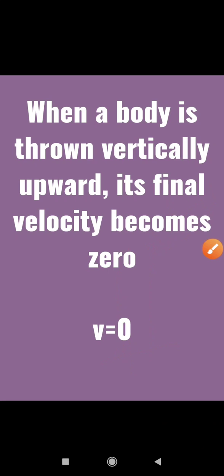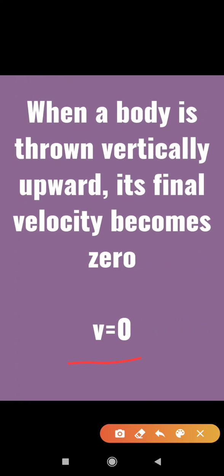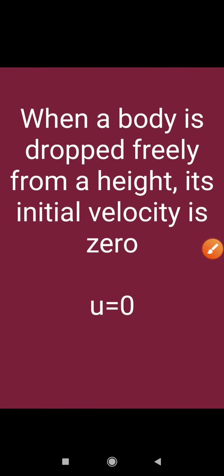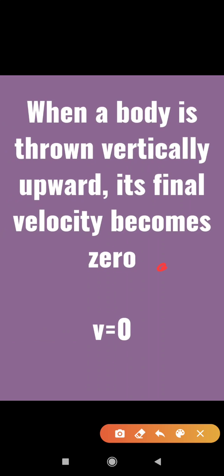Till now we have discussed four cases. When a body is thrown vertically upwards, v will be 0, which means the body has reached its highest peak position and the final velocity becomes 0. If any velocity remained, the body would go a little more up.